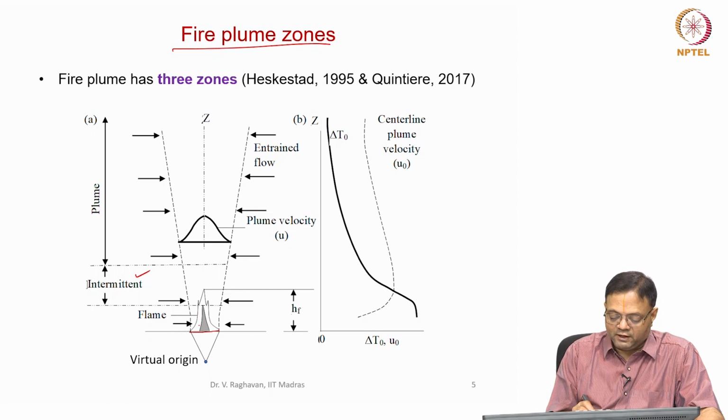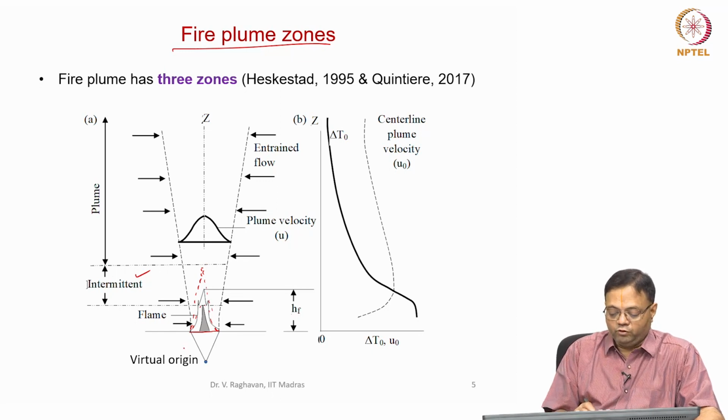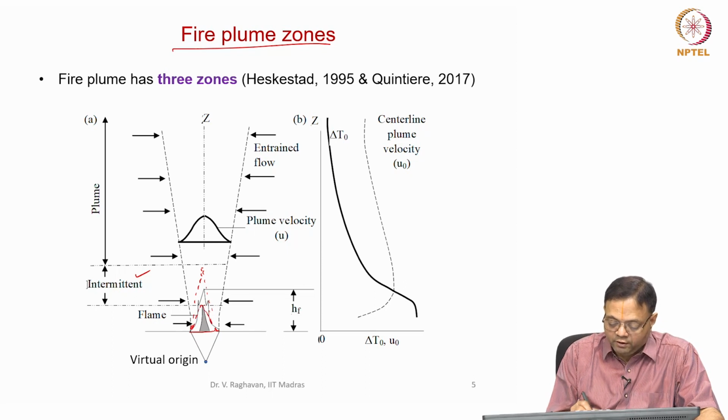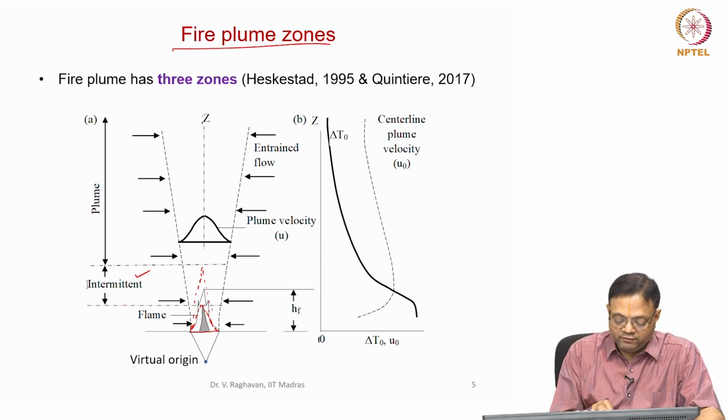At one time instant the flame can be within this zone, at another time instant it can go to this zone. It cannot cross this height. The flame can oscillate well within these two heights. That is what we categorize as the flame zone. This is the flame zone height, and this is the intermittent height. The flame oscillates between these two.